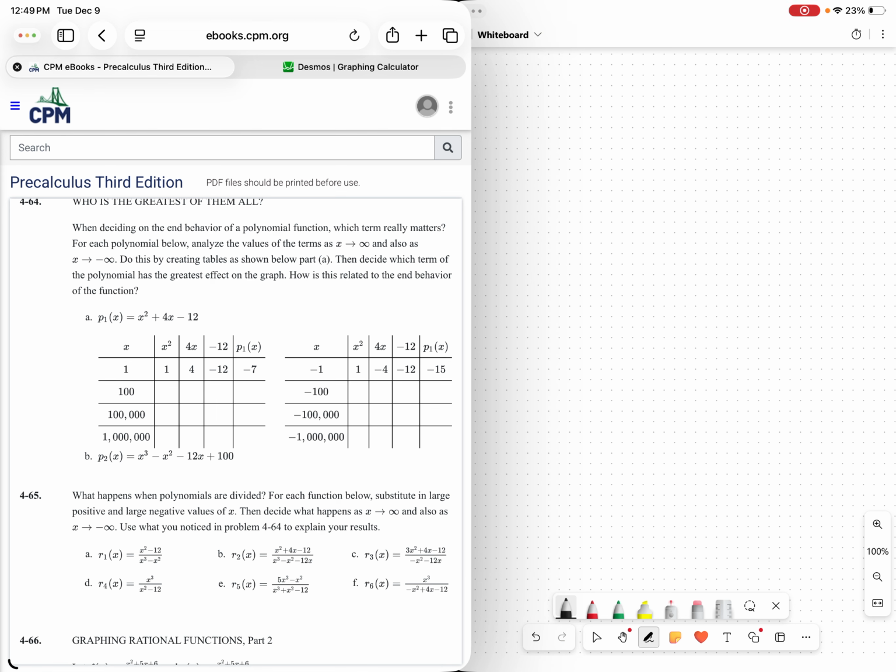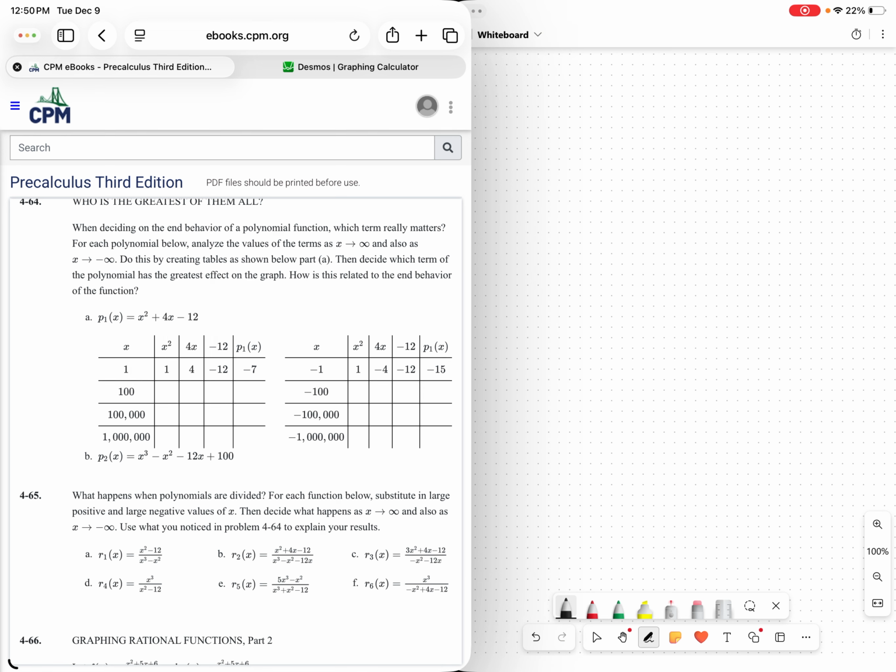But what happens then when we plug into this polynomial function, and which term really relates to how the graph ends? Well, if you're looking at this, right, and you plug in 100 here, 100 squared is going to be 10,000. Well, 100 times 4 is 400, and then negative 12. So you can see that as this number gets squared, this number is going to be really, really large. So this x squared term is what's going to affect it the most.